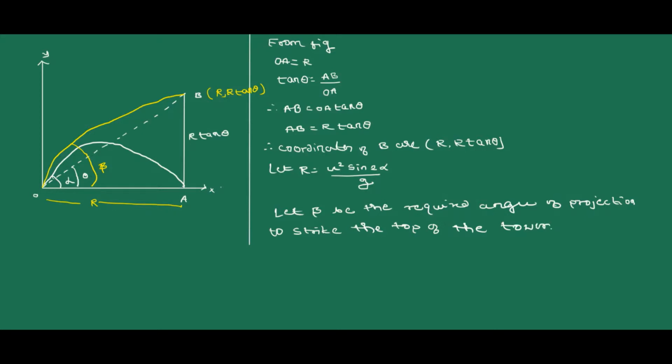That is, we have to prove that the value for beta is equal to 1 divided by 2 into bracket theta plus sine inverse into bracket sine theta plus sine 2 alpha into cos theta.